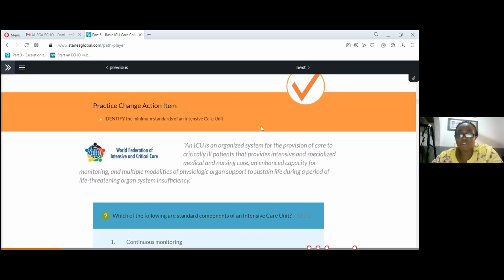We try and see how we can use modalities to sustain life, with all the key points with the equipment. Complications are, you know, the life-threatening organ system failures.